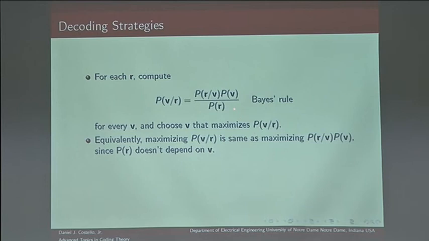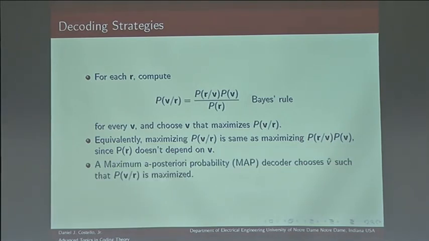Okay? And since the denominator here doesn't depend on V, the only thing that matters is the V which maximizes the numerator, so we can boil it down to this. So this then becomes the maximum a posteriori probability, a posteriori because it's after we've received the sequence.